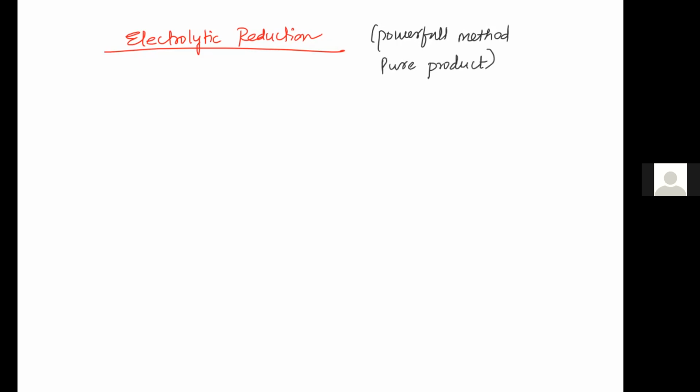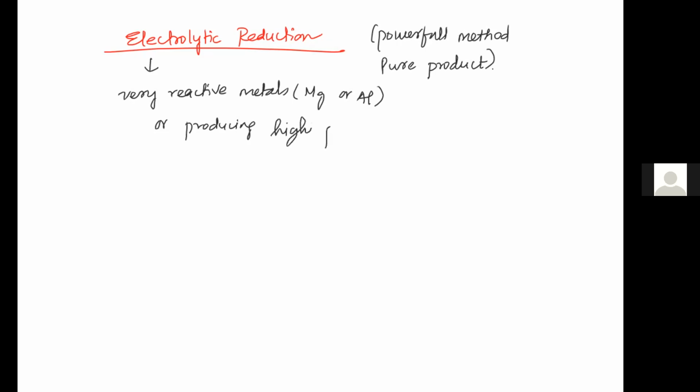But compared to other chemical methods, electrolytic reduction is more expensive. But we use this for very reactive metals such as magnesium or aluminium, or generally for producing high purity samples.